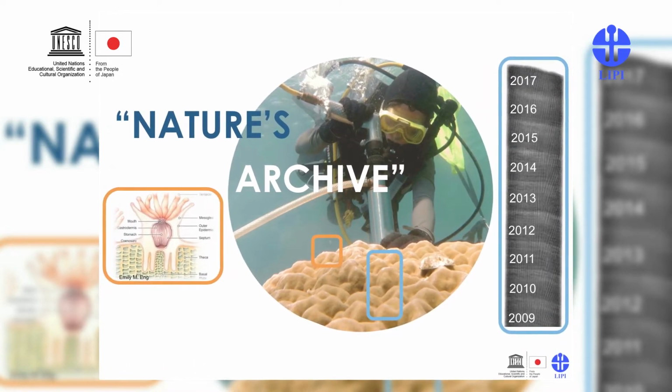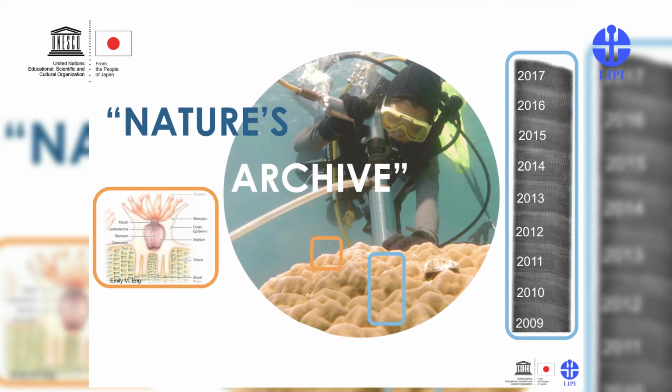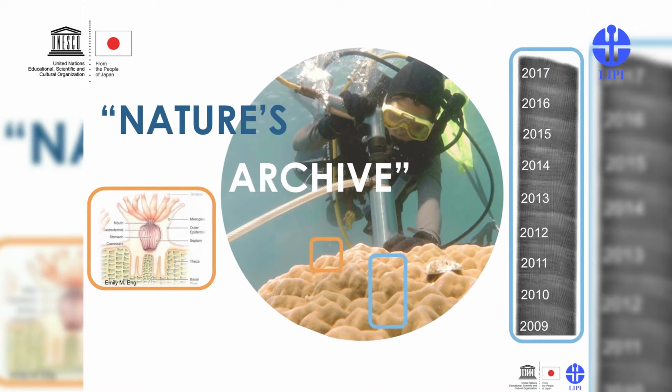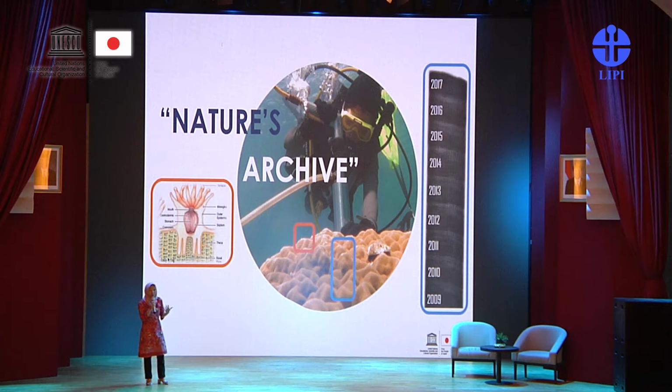This is our history book of our oceans. If we didn't measure anything before, we can ask them what happened in the past. Now using this, I can tell a lot about temperature, about climate change, rainfall, pollution, as well as the health of the reef.